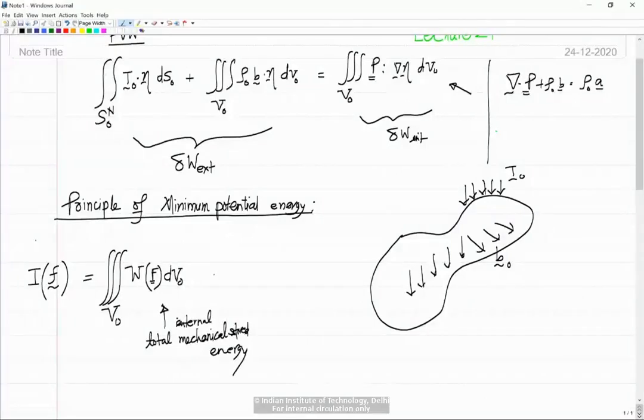And then we have to subtract the work done by the external loads. Work done by external load has to be subtracted to get the total potential of the system. So on the left hand side is the total potential of the system, which has to be minimized. In this, we have internal energy of the system minus the work done by external load.